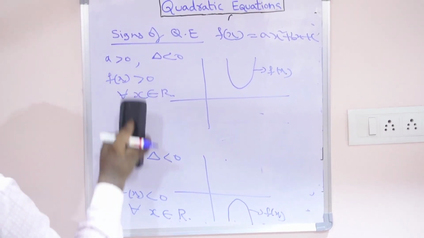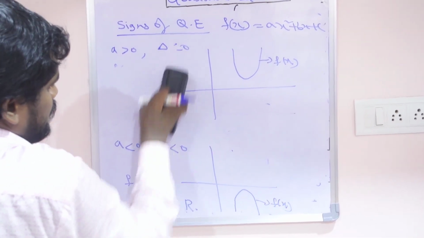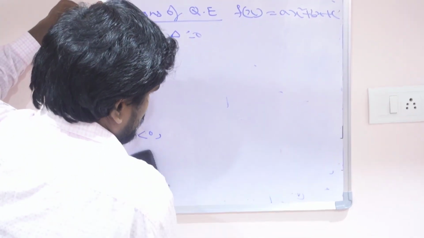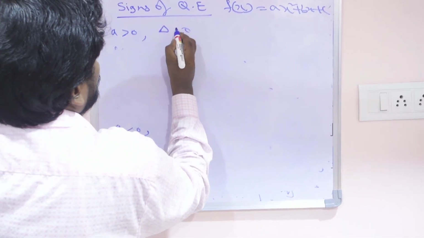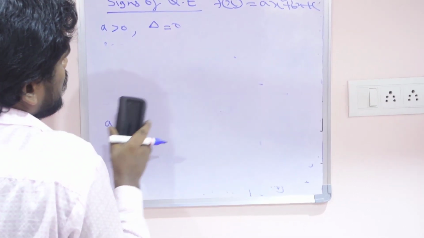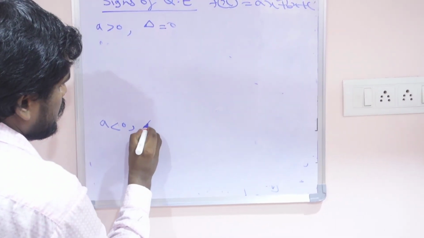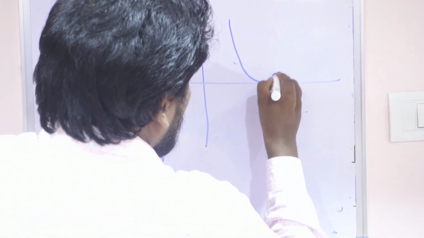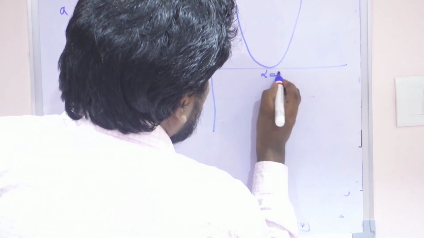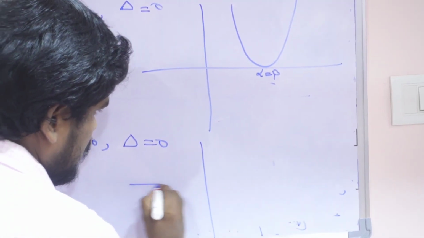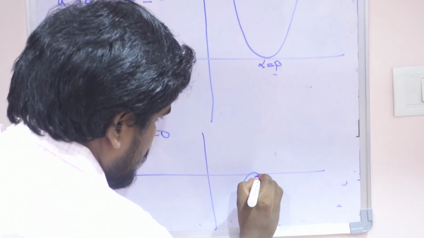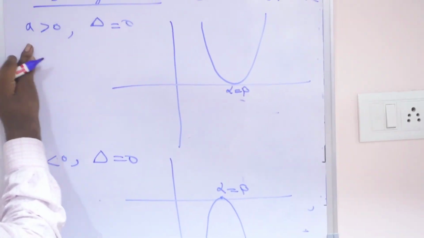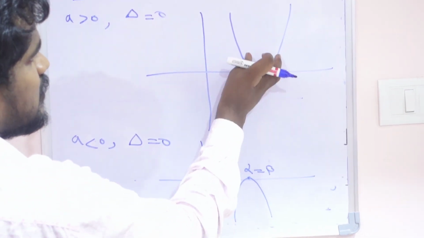And the last case, delta equal to 0. Delta equal to 0 means alpha is equal to beta. Now here, except alpha and beta, it is always positive.